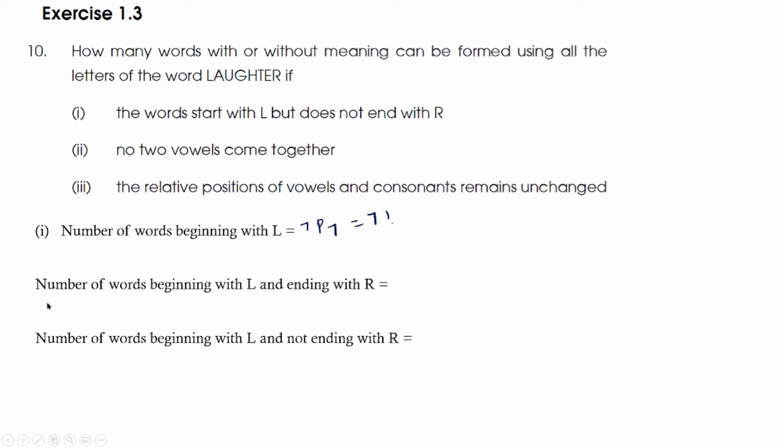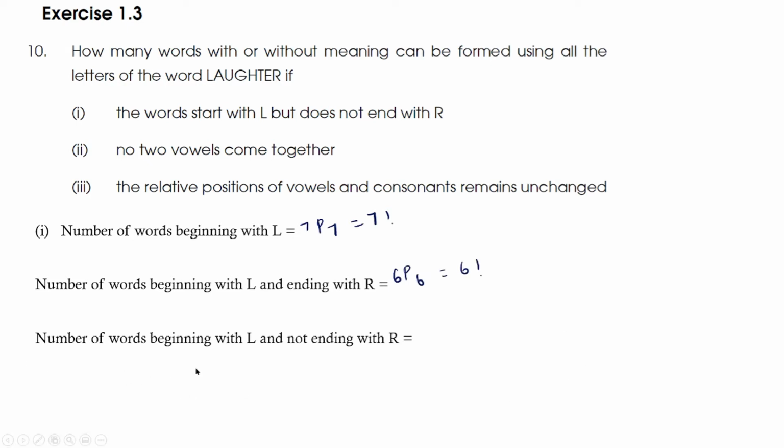And now the number of words beginning with L and ending with R: here L and R will be fixed. The remaining 6 letters can be arranged in 6P6 ways, which is equal to 6 factorial.